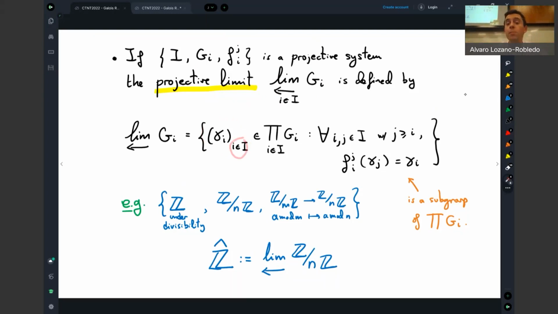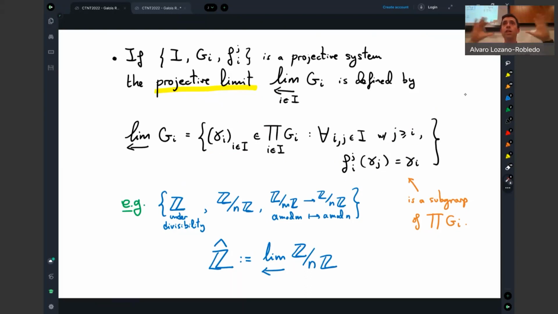That will be an element in the direct product of all the groups, such that whenever two indices are related, the connecting map tells you that the j component will reduce to the ith component. Those are called coherent sequences because they play nicely whenever there is a group on top of a group. If you choose a component here, there may be many choices, but they have to map down to the choice you already made at the ith component.